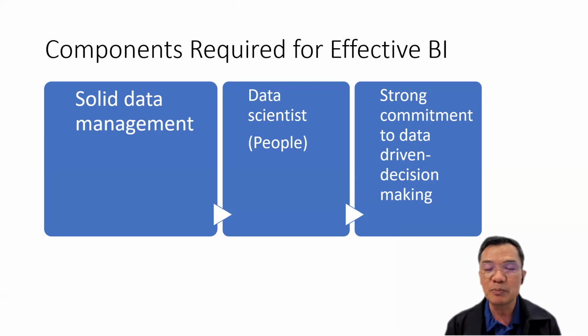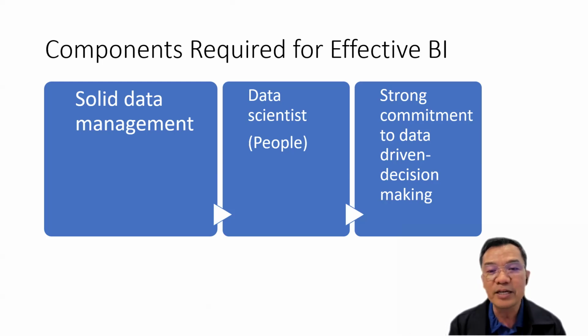Normally, strong data management in the organization requires a data warehouse to support the BI effort of the organization. Second is data scientists, not necessarily a scientist, but people who are involved in data capture up to the visualization and presentation of this information to decision makers.